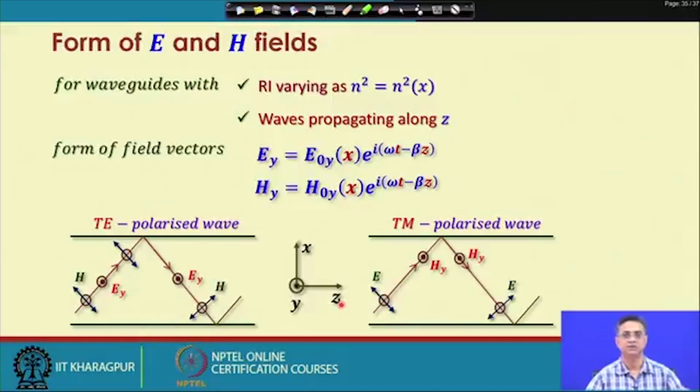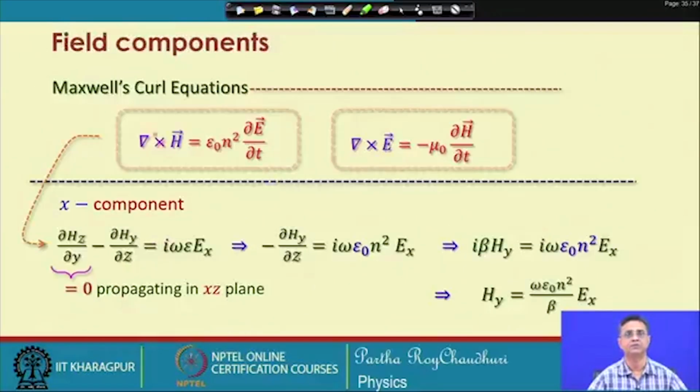So, these are the groups of three field vectors which will constitute individually the transverse electric polarized wave and the transverse magnetic polarized wave. From Maxwell's equations, now we would be interested to look at the individual dependence of the field components.